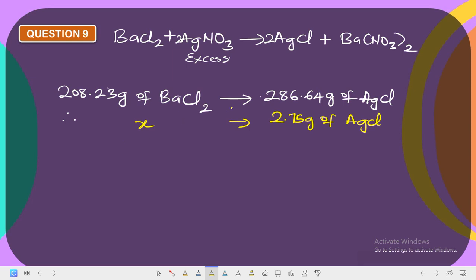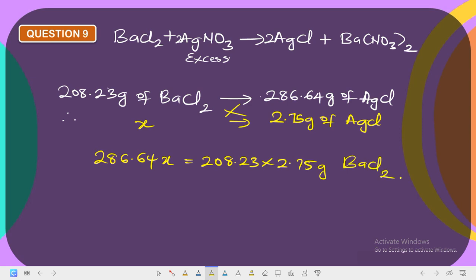X. So at this point in time, you cross multiply. This multiplied by this will give us 286.64x is equal to 208.23 times 2.75 gram of barium chloride.